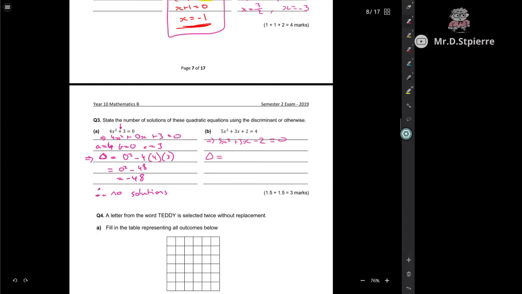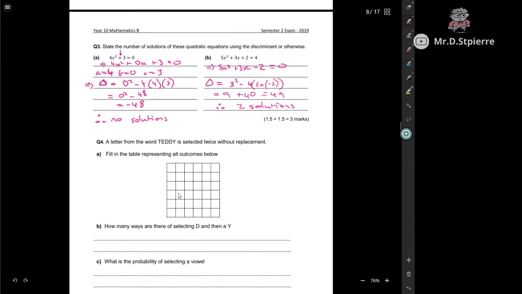So the discriminant is equal to 3 squared take away 4 times 5 times negative 2. So we get 9 plus 20 times 2 is 40, is equal to 49. Therefore, since it's greater than 0, we have 2 solutions. Lovely.